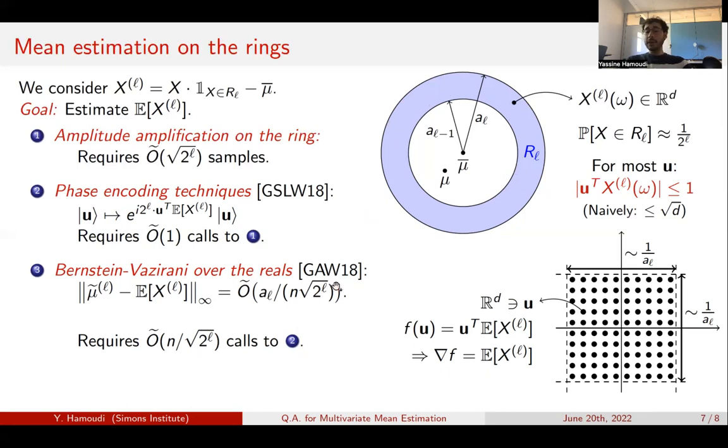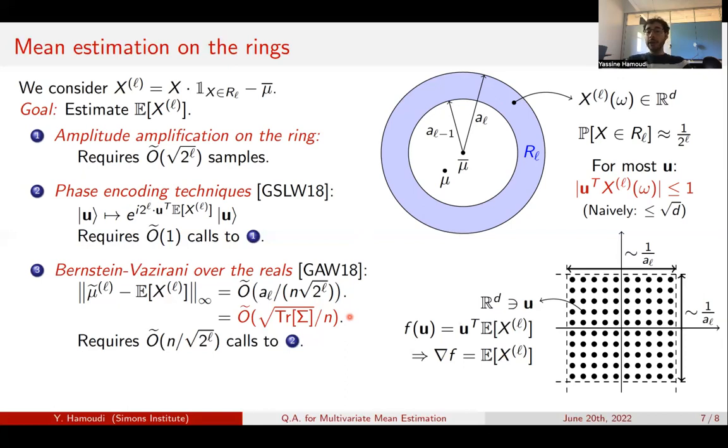So the next observation is about the error guarantee that we are achieving here. By a simple calculation, one can show that this quantity is going to be at most the square root of the trace of the covariance matrix divided by n. This is by property of the quantiles that we chose.